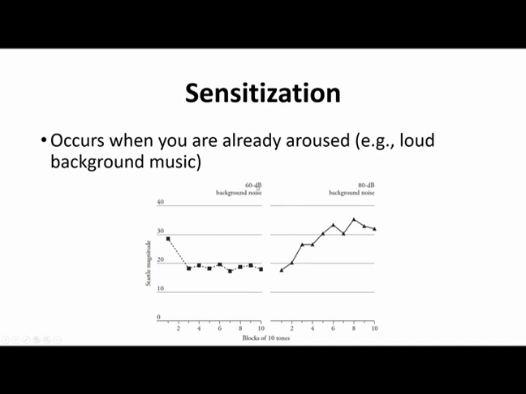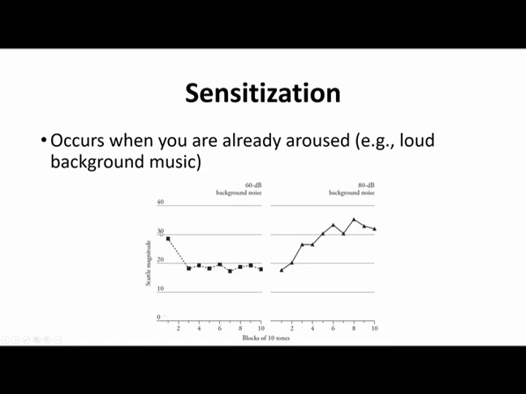So in a normal situation where the background noise is only about 60 decibels, which isn't overly loud, it would be kind of like where I'm sitting right now. I can hear my computer fan. There's a little bit of an electronic hum, but nothing too intense. In this situation, the first time that the loud tone sounds, the rat jumps, has that startle response.